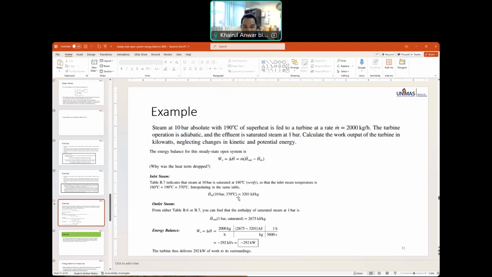Then the specific enthalpy is 3201 kJ/kg. Next is table B7 for the outlet steam, from either table B6 or B7.